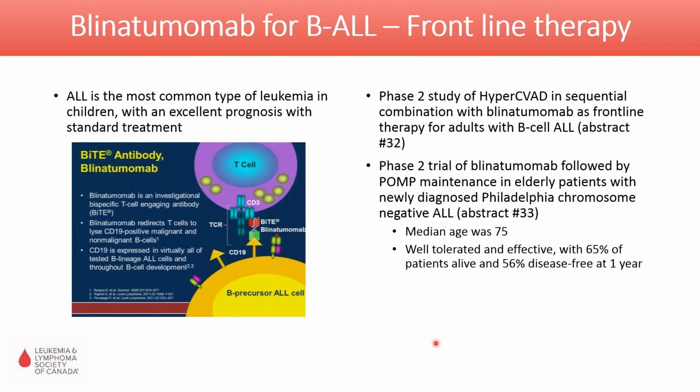So, a 50% cure rate in this age group is not heard of, especially with the standard treatments that we have. So I think Blinatumomab is another drug that we're likely to see more of. And there are actually some ongoing Canada-wide clinical trials looking at this drug in first line in patients with ALL.